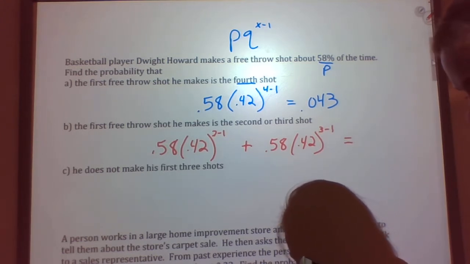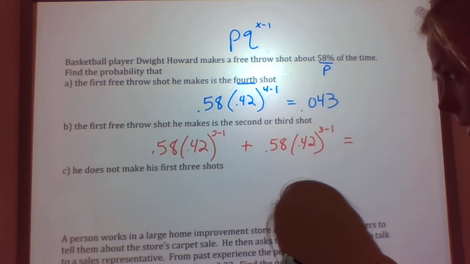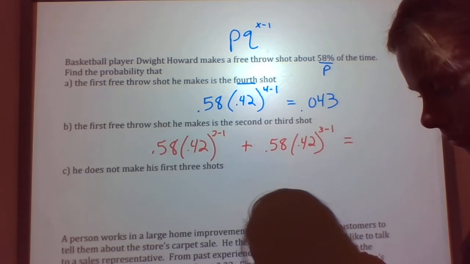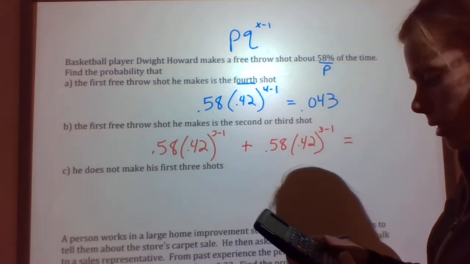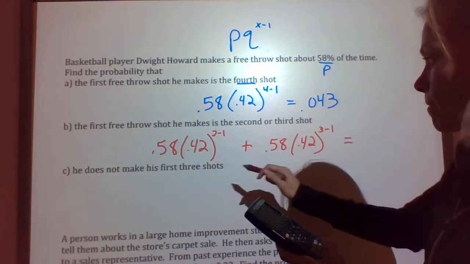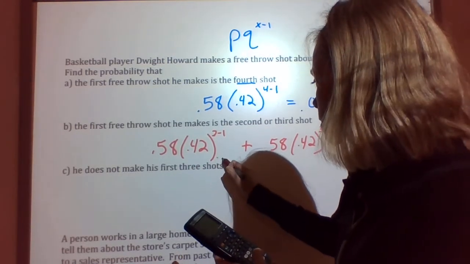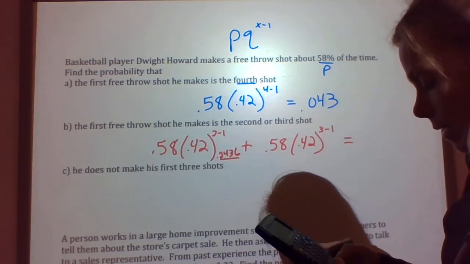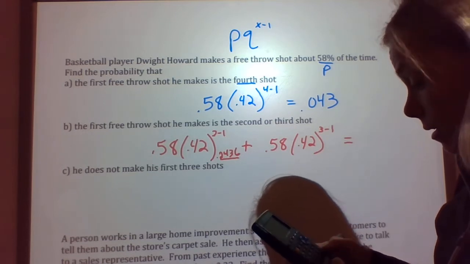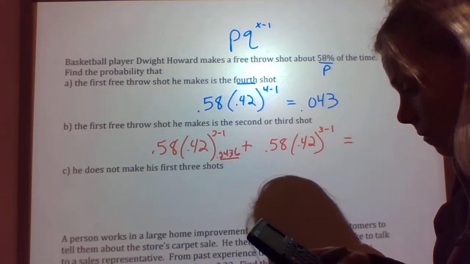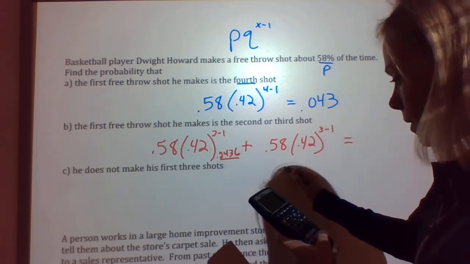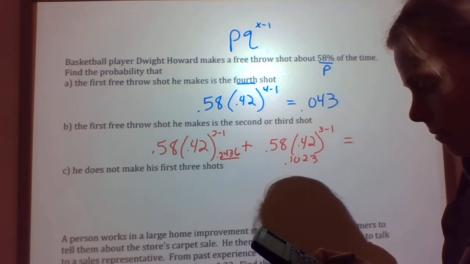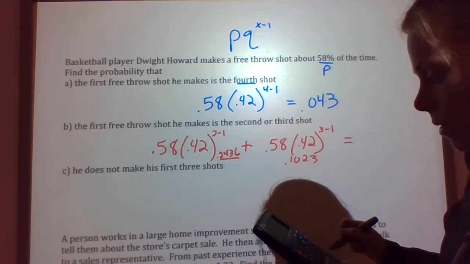So 0.58 times 0.42 to the 1, and I get 0.2436, plus 0.58 times 0.42 to the 2, and I get 0.1023. Add those together, and you get 0.346.